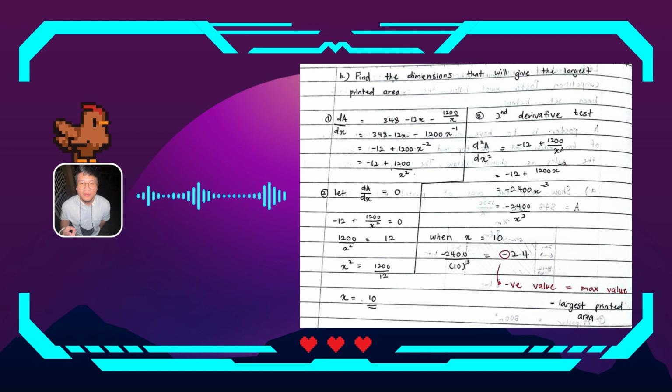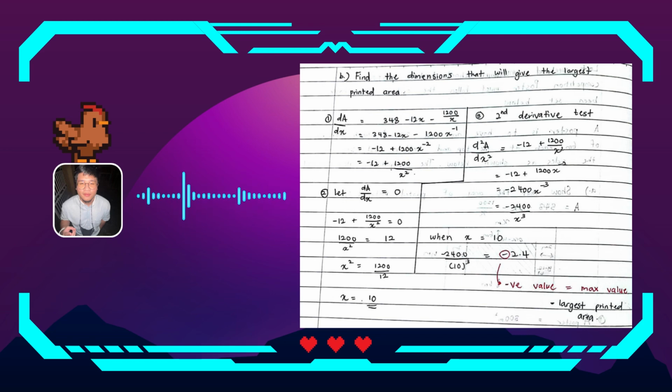And the last step is the second derivative test. You just have to differentiate the product of differentiation earlier. This simply means you just differentiate it again, double differentiation, like that. So the symbol is d square A over dx square.